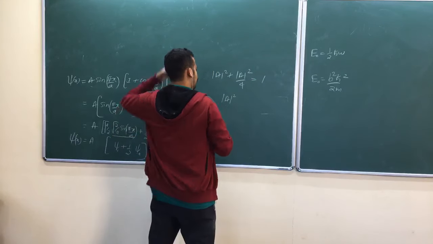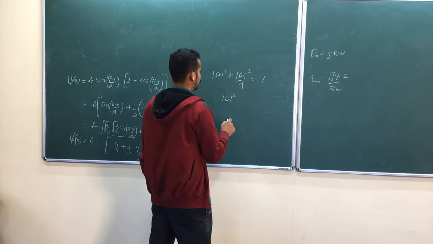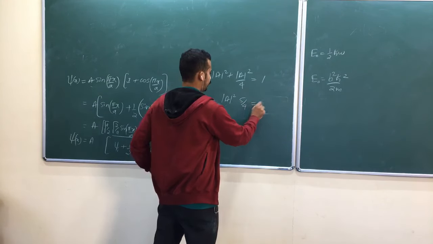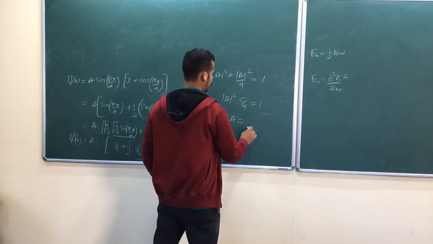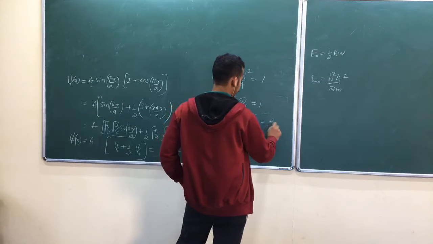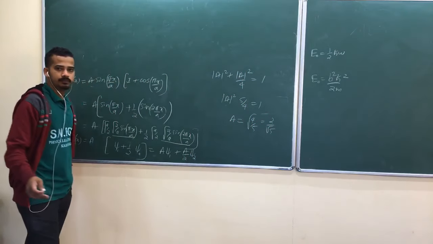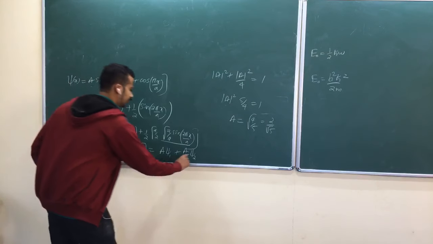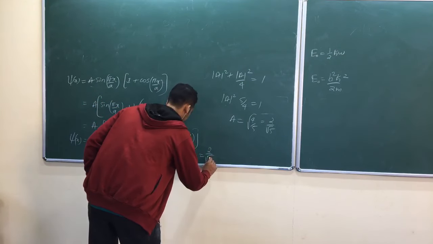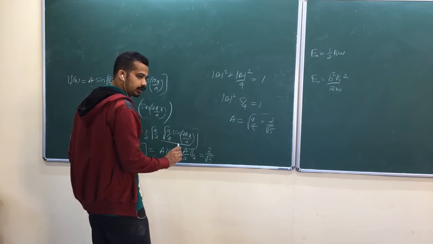Mod a square, 1 plus 1 by 4, 5 by 4, 5 by 4 is equal to 1, a is equal to... check that out. Okay. Now, what is the normalized state? 2 by root 5, no, correct?